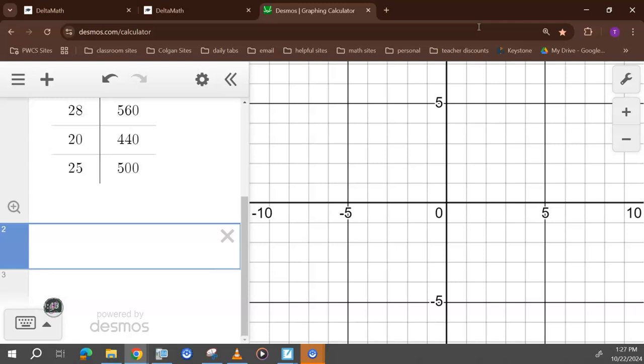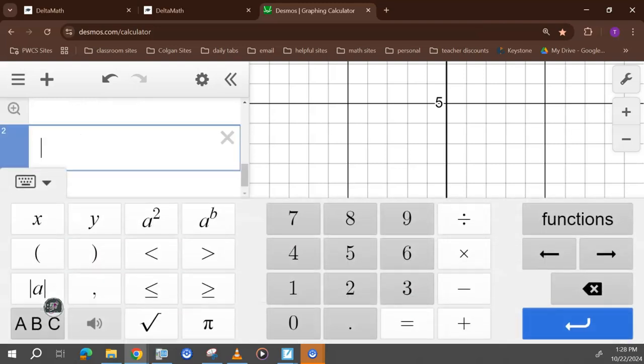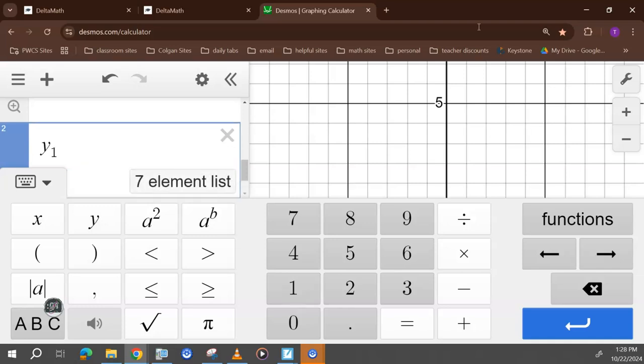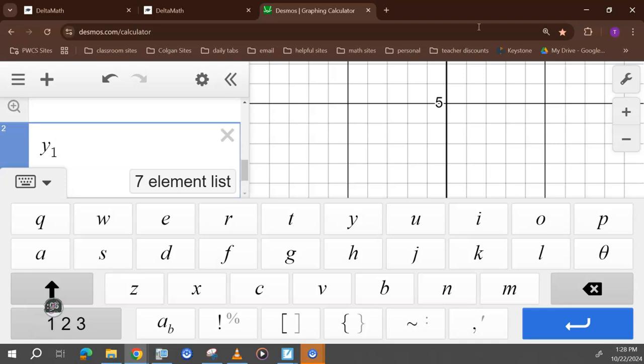Layla, yes. How'd you get the thing at the bottom? We're going to type it right now. So type this: y1. Then you're going to go into your ABC, and you're going to find the little squiggly line. It's called a tilde.